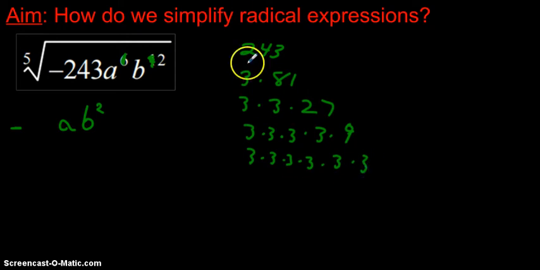So 5 of these makes a 3, because these are fifth roots. So this will become a 3, and there's 1 3 left over inside the radicand. So inside the radicand of our fifth root will be a 3 and a b squared.